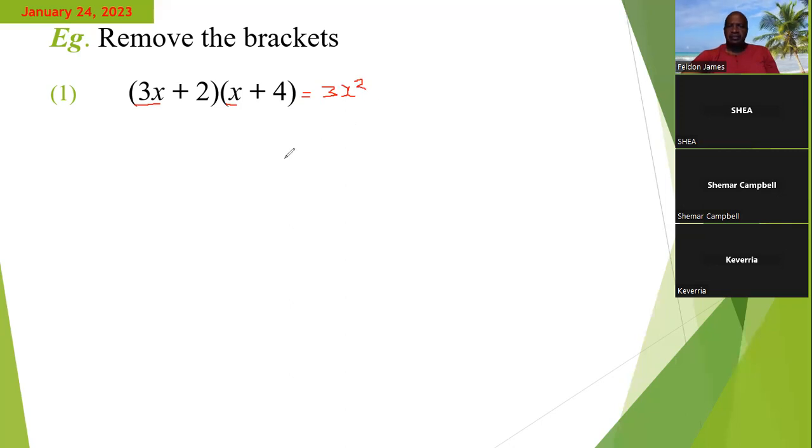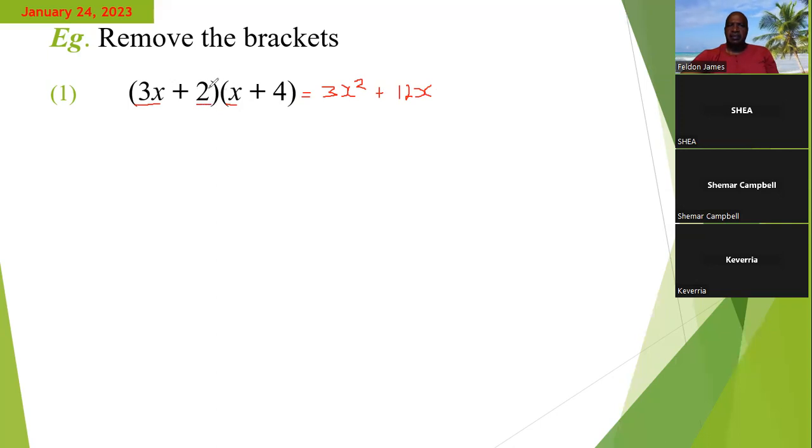All right, next. And then we're going to add a plus sign. Keep your plus sign. And then next we're going to say 3x multiplied by 4, which is 12x. All right. And now we're going to move on, and we're going to say 2 multiplied by x, which would give us 2x.